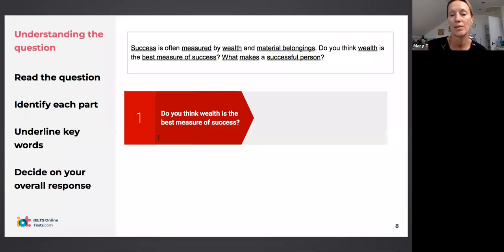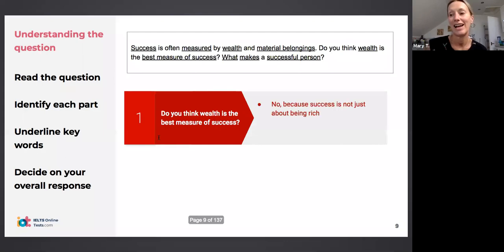Okay, so the first question, do you think wealth is the best measure of success? What do you think? No, no, indeed. Not always. Okay, so most people are saying no. There's a few yeses there. Okay, so yes, partly.